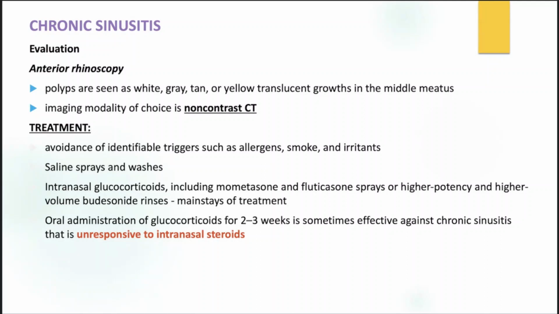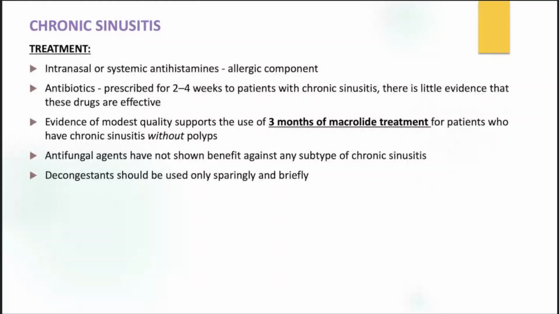You can use saline sprays and washes, and intranasal glucocorticoids are the mainstay of treatment, and oral glucocorticoids for 2 to 3 weeks may sometimes be effective against chronic sinusitis that is unresponsive to your intranasal steroids.